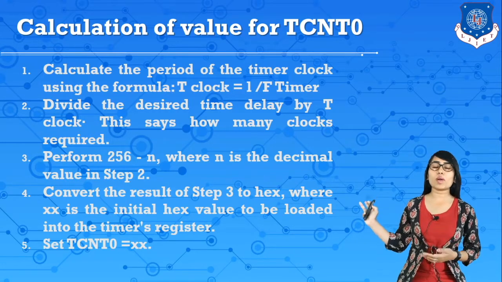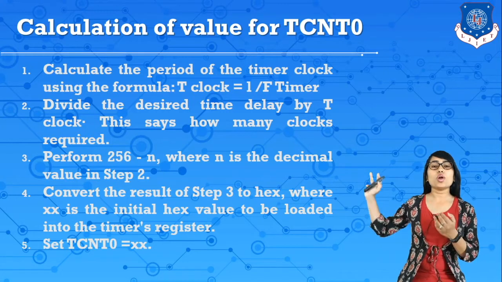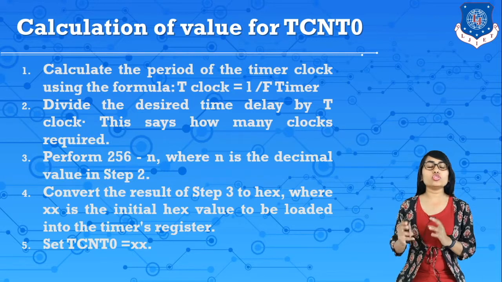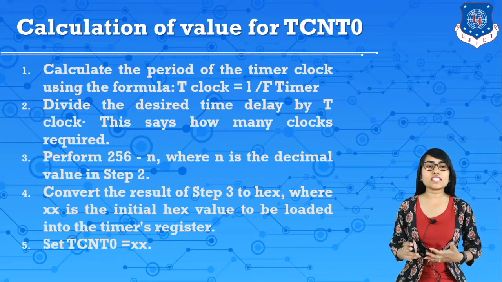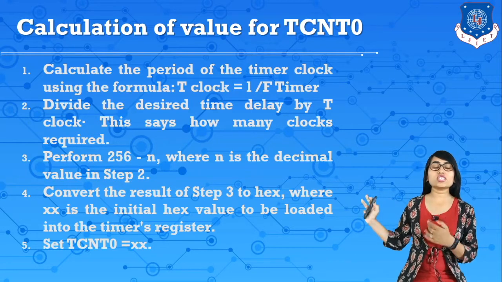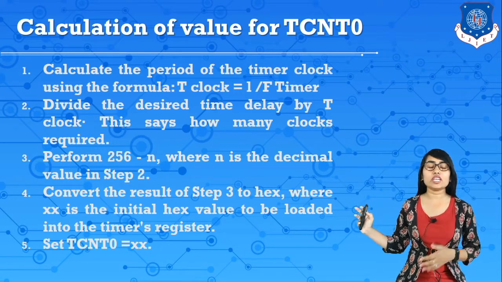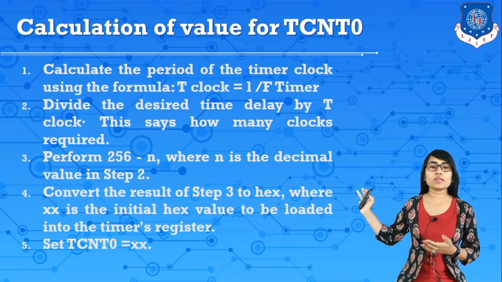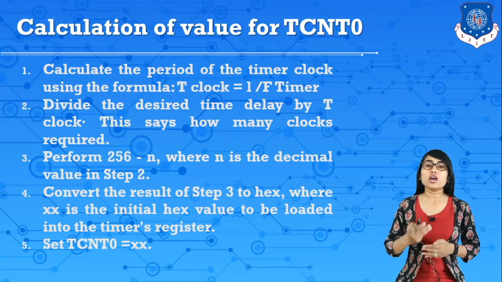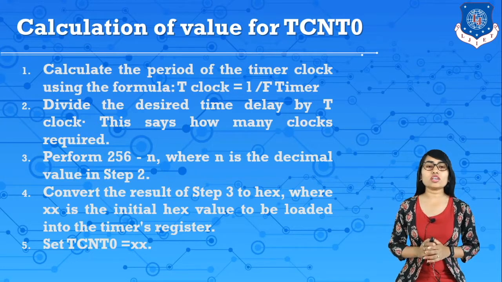Now this time duration is used to divide our desired time delay. So we divide the desired time delay by this T clock, and we get how many clocks are required for the desired time delay.